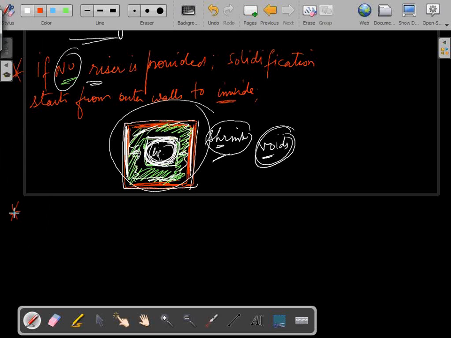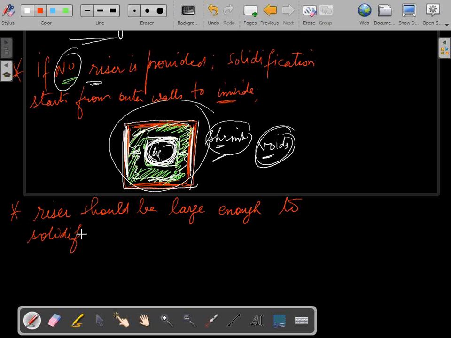Now, moving ahead. A riser should be large enough to solidify at last. It should be so large that it solidifies at the last, because if it solidifies before the casting, there is no point of using it as a reservoir to compensate.